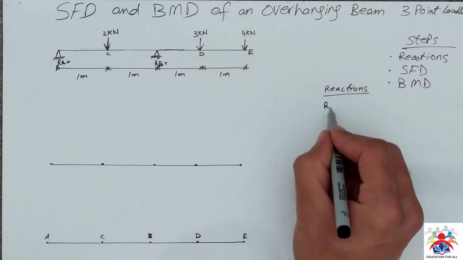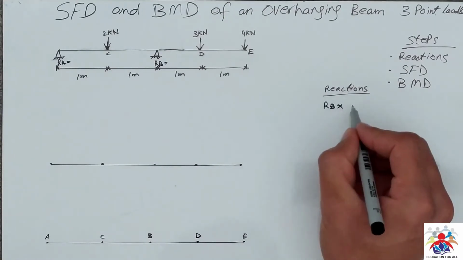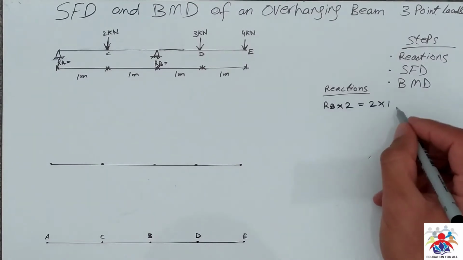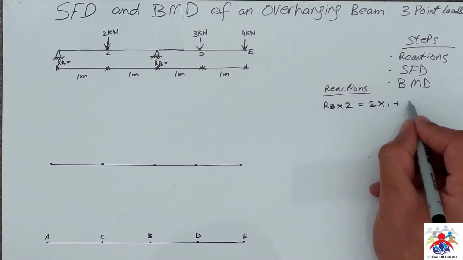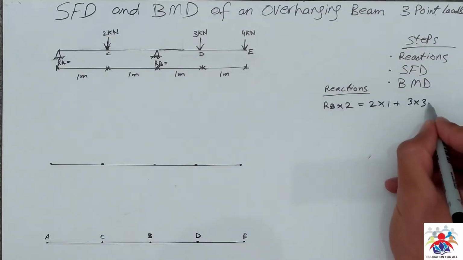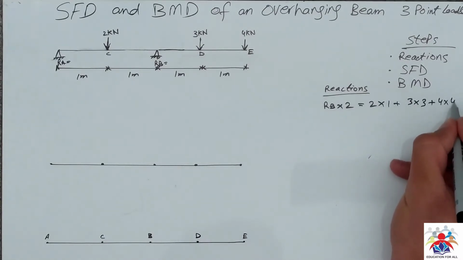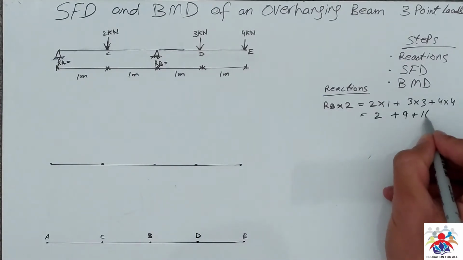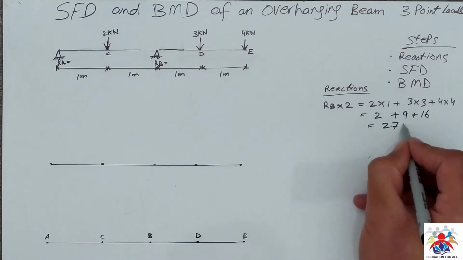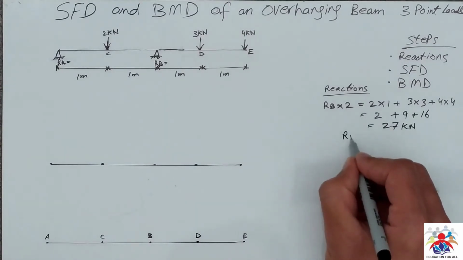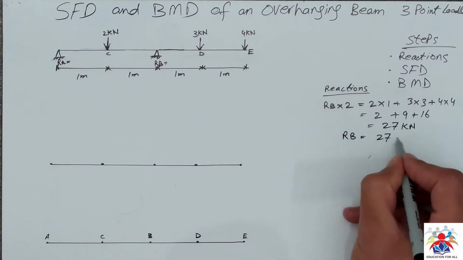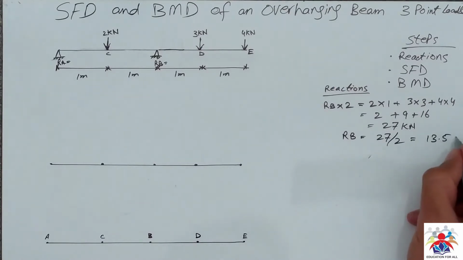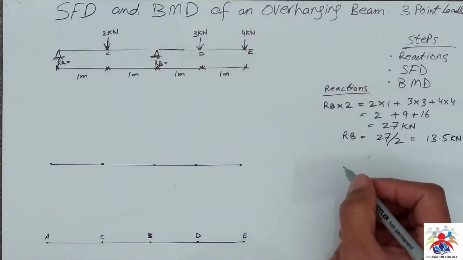RB multiplied by 2 is equal to 2 multiplied by 1 plus 3 multiplied by 3 plus 4 multiplied by 4. 2 plus 9 plus 16 is 27, and then RB is equal to 27 divided by 2, which is 13.5 kilonewton. This is at RB.